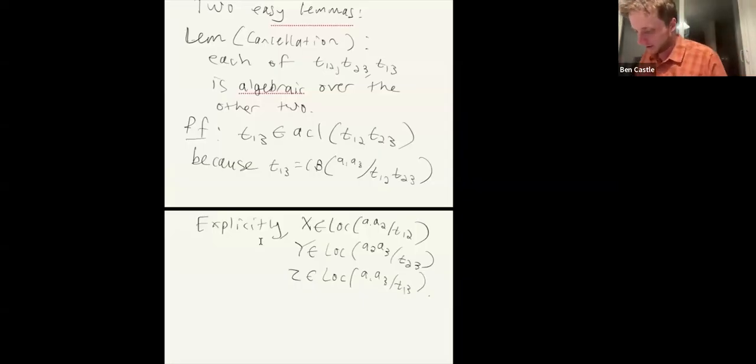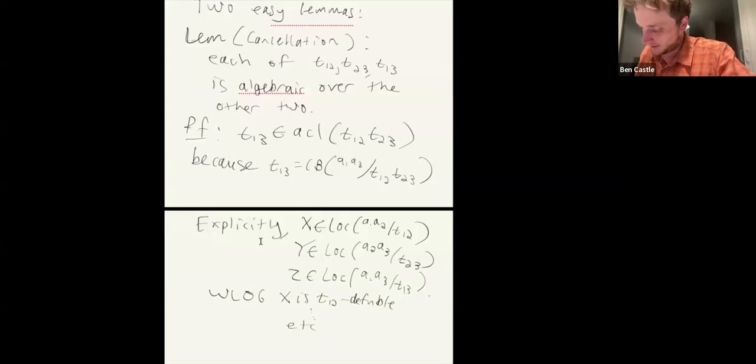So here are the three curves in the configuration, and without loss of generality, because these T's are the canonical bases, we can assume that they actually define the precise sets. So without loss of generality, X is T12-definable, and similarly for the others.